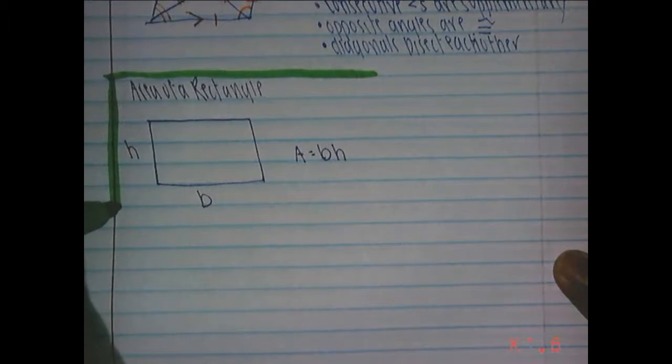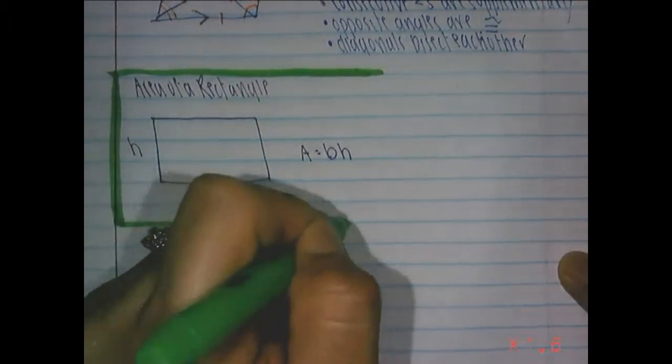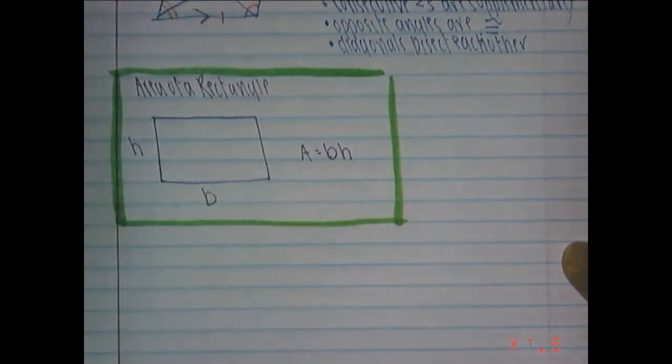It's kind of hard to tell in this lighting because it's so dark. Your area would be equal to your base times your height. You're probably so used to hearing it as length times width. Well, now in geometry, we're going to call it base times height. And there's the little box for your rectangle.